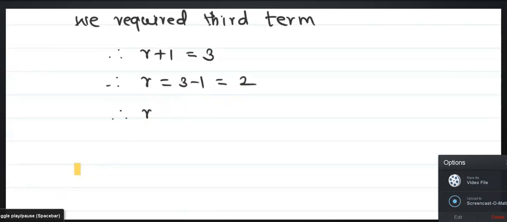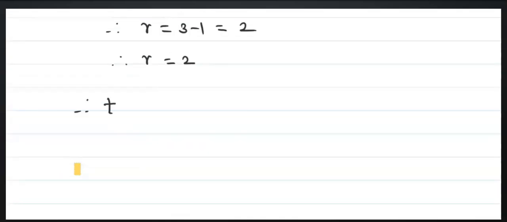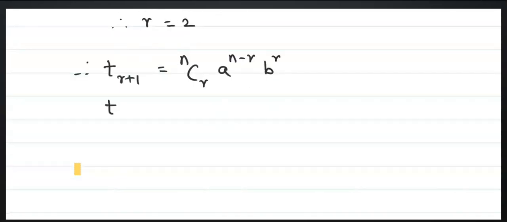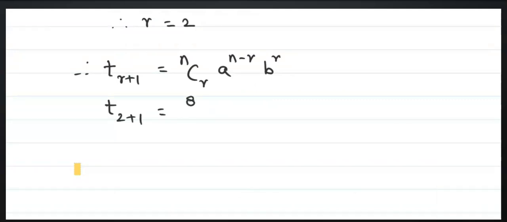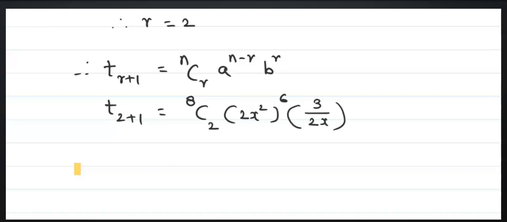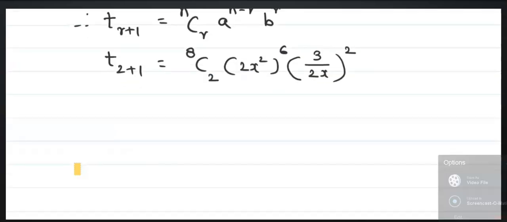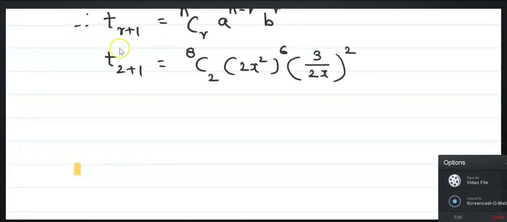And that's why we will substitute the value r is equal to 2 in this formula. Now see this here. If we substitute r is equal to 2, then T suffix 2 plus 1 is 8C2, with n equal to 8, (2x square) raised to 6, (3 upon 2x) squared.